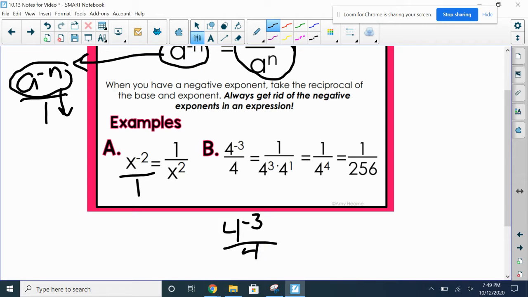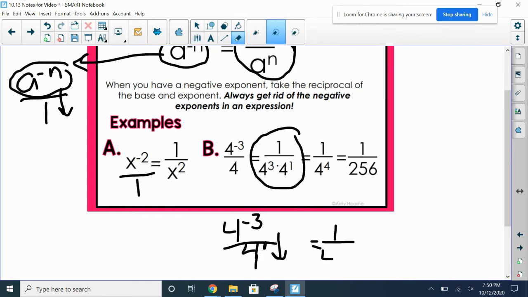We learned with our exponent rules that every number has an assumed 1 exponent. So if there's not one there, there's a 1 there. In order to make this 4 to the negative 3 positive, I have to move it to the bottom. When I move that to the bottom, I'm left with 1 over 4 to the 3 times 4 to the 1, which they've got up here.